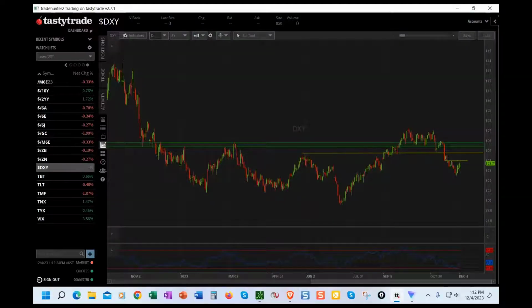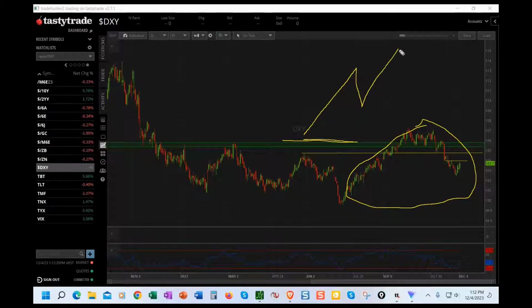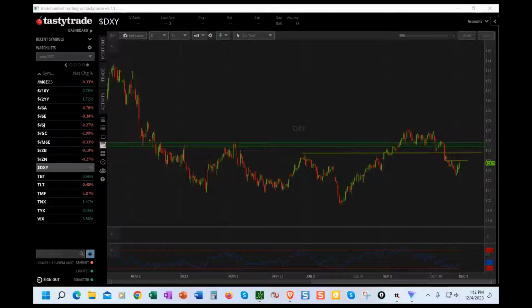If this whole pattern with the 61.8 was sitting above this line and it pulled back to the 61.8 and then ran, I would take that seriously. But here I take it with much less weight. It does not deter me from the overall bearish feel of the US dollar, at least at this time.